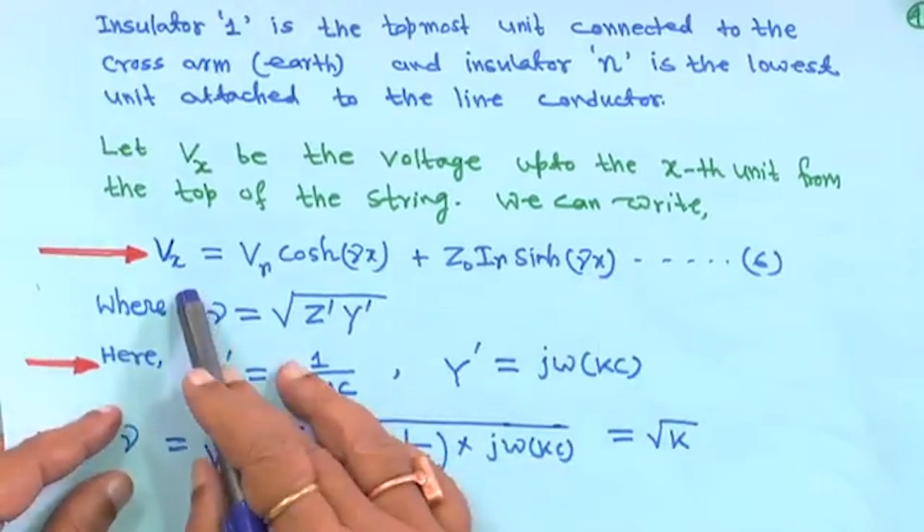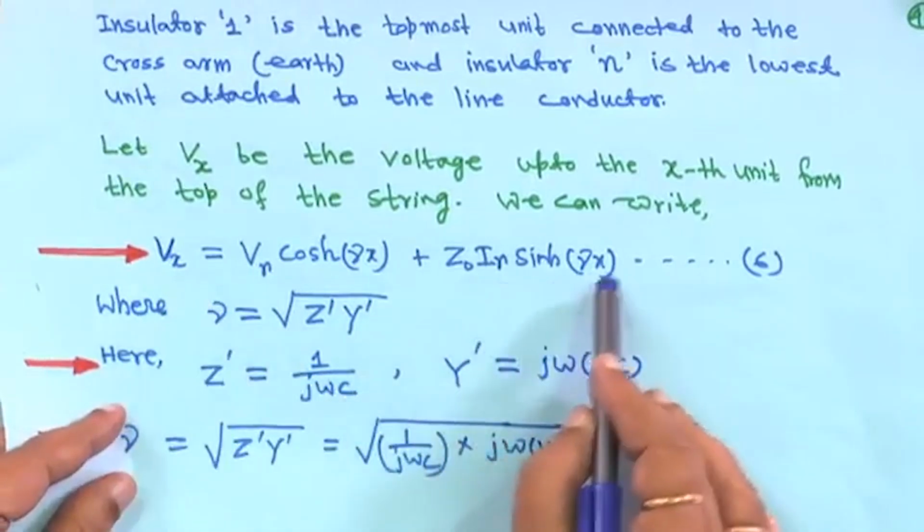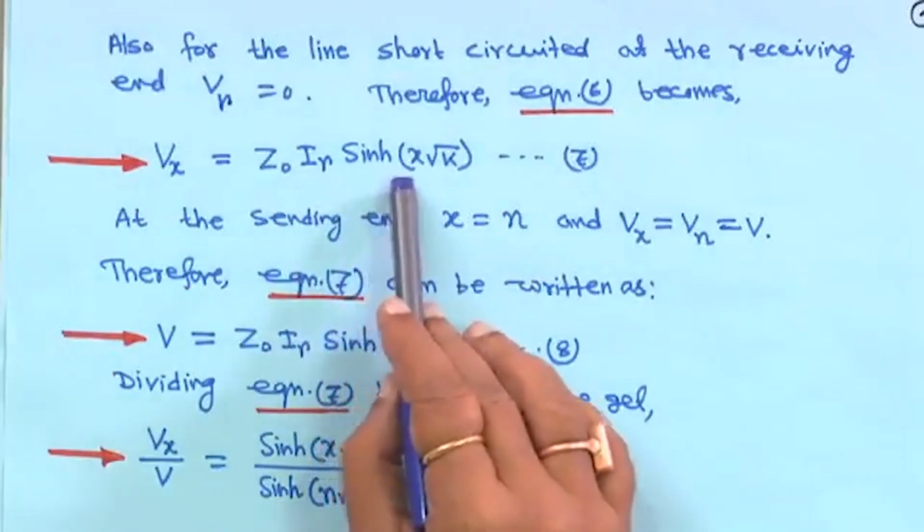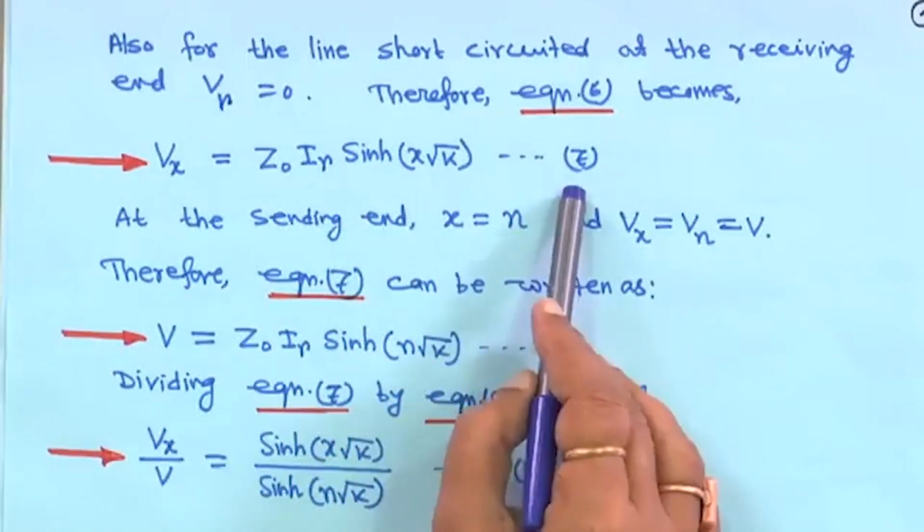So Vx will become Z0 IR sinh of x root k. That is, Vx is equal to Z0 IR sinh x root k. This is equation 7, right.